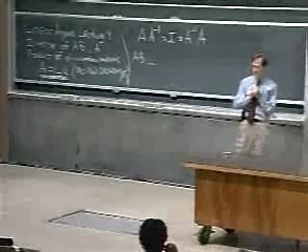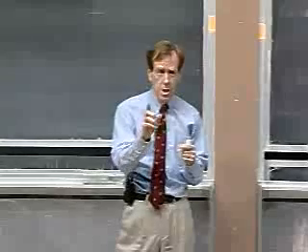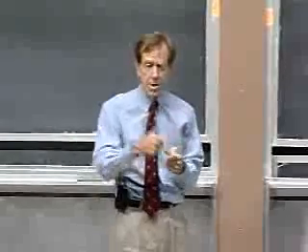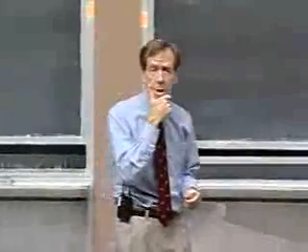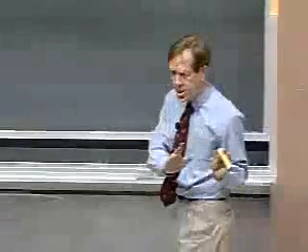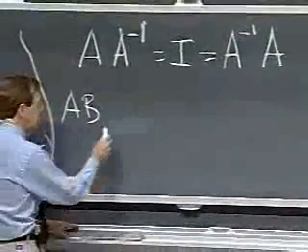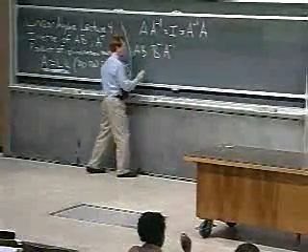What's the inverse of AB? Do I multiply those separate inverses? Yes. I multiply the two matrices A inverse and B inverse, but what order do I multiply? In reverse order. And you see why. So the right thing to put here is B inverse A inverse. That's the inverse I'm after.